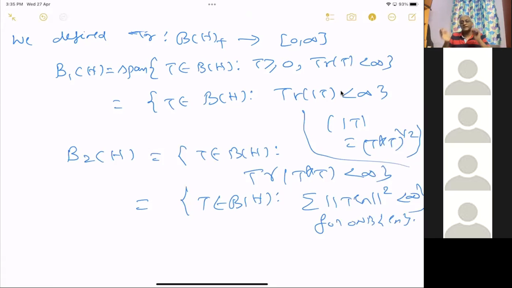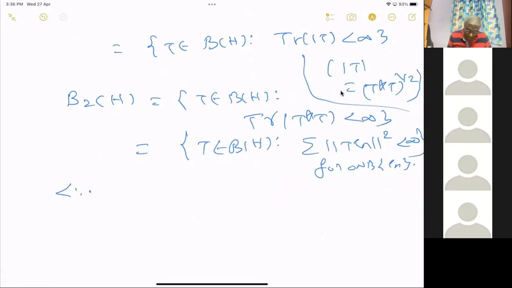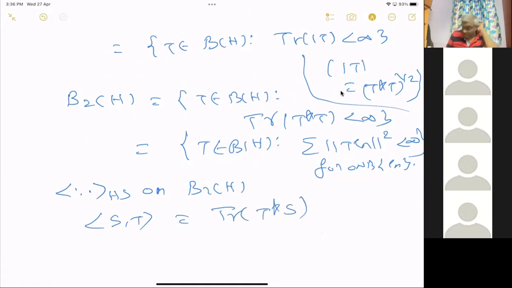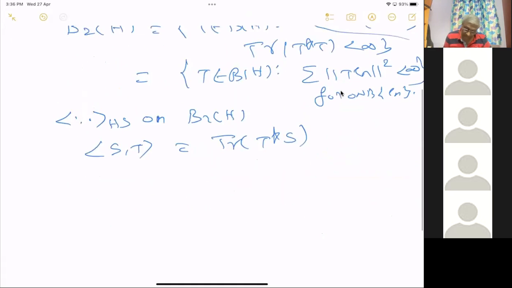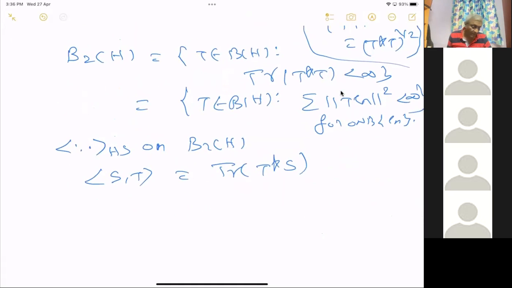If it is true for one single orthonormal basis, it's true for all orthonormal bases, so it's enough to take one. This is B2(H). Then we defined an inner product on B2(H), defined as <S,T> equal to trace of T*S. You can define it with ST* also; both are the same, as we will show. This is a genuine inner product. That's what we have.